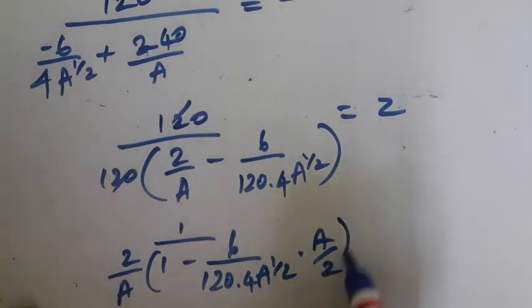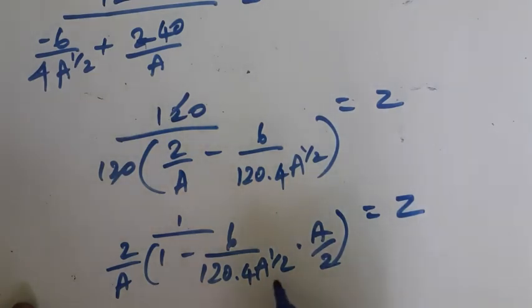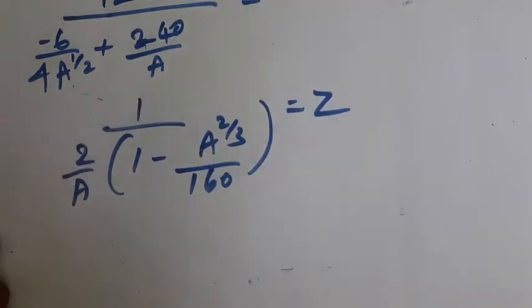If we take 2 by A, the second term we have is A by 2. So 1 by 2 into A will give A by 2, and if we cancel this term, we get 160.